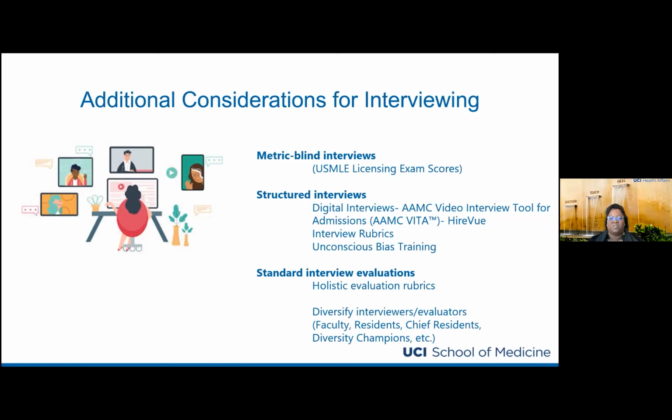Consider including individuals that maybe you haven't included before, whether that's faculty, residents, chief residents, diversity champions, et cetera. Take a look at who's looking at the applications, making the evaluations, and determining who moves forward. And are those processes equitable? Next slide, please.